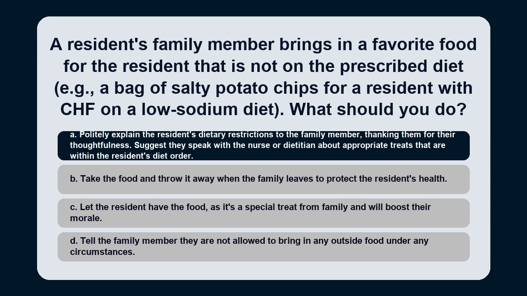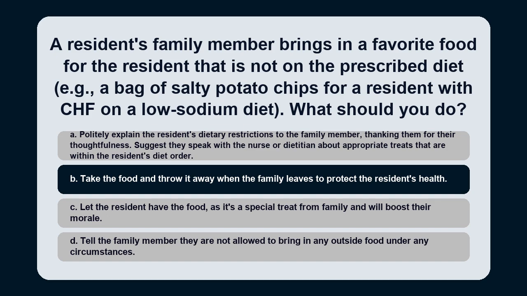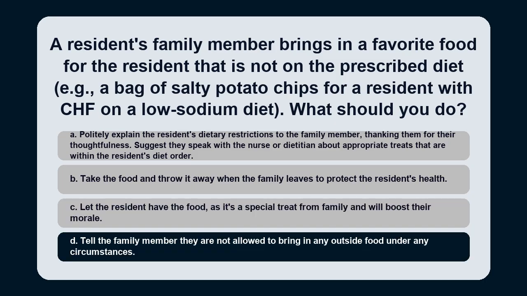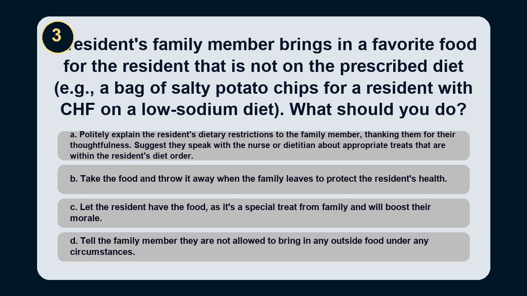Suggest they speak with the nurse or dietitian about appropriate treats that are within the resident's diet order. Option B. Take the food and throw it away when the family leaves to protect the resident's health. Option C. Let the resident have the food, as it's a special treat from family and will boost their morale. Option D. Tell the family member they are not allowed to bring in any outside food under any circumstances.